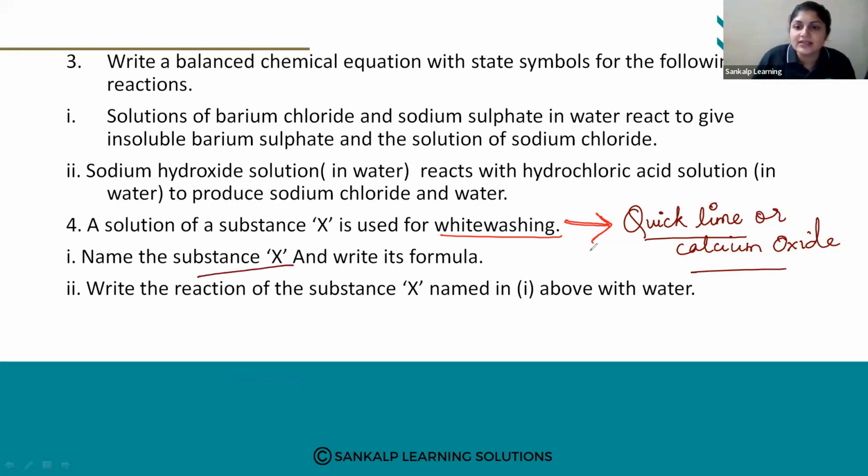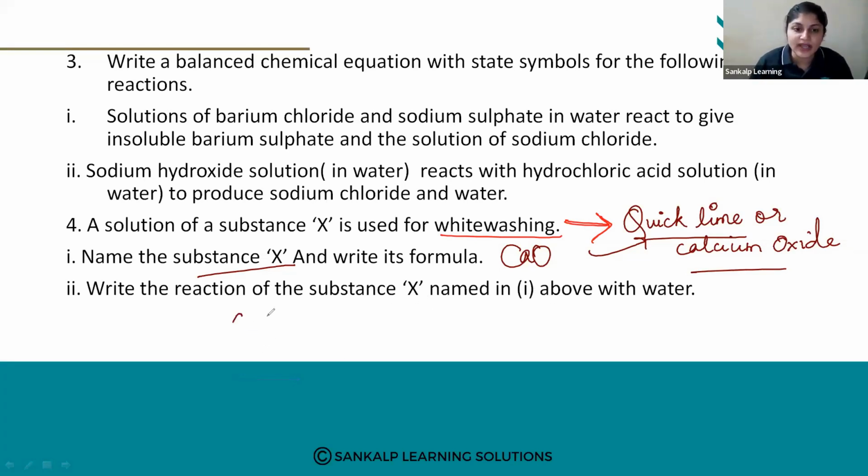The substance X is quicklime or calcium oxide. The formula is CaO. Then write the reaction of the substance X named above with water.